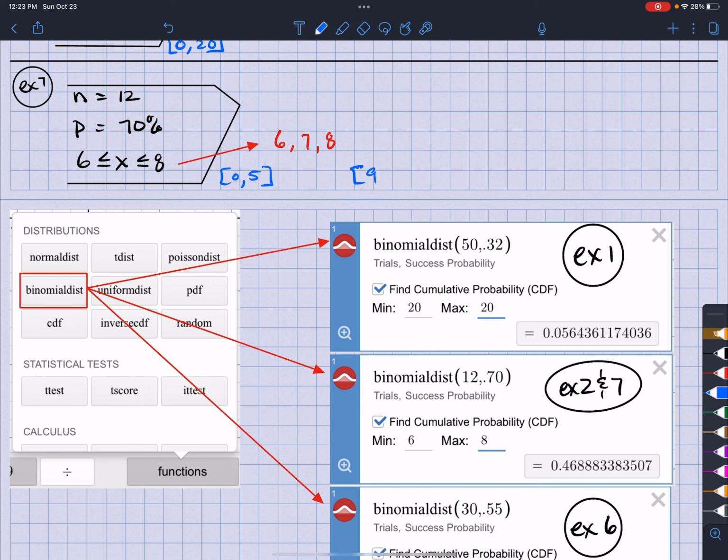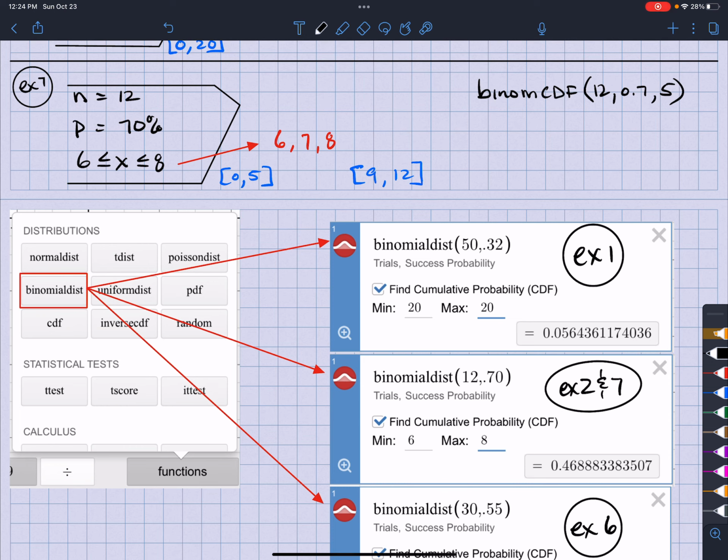I still have 9 to 12, because I can't have more successes than trials, right? So if that's the case, I can write that. That part's easy. That part right there is just going to be a binomial CDF of 12, comma 0.7, comma 5, right? That's easy. I can do that part, no problem.